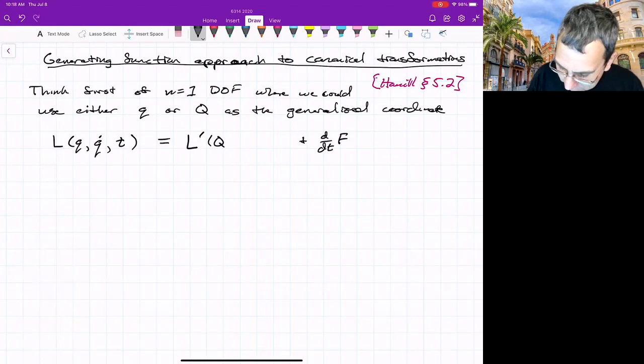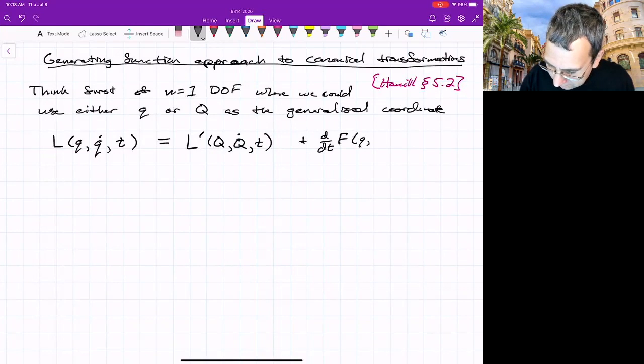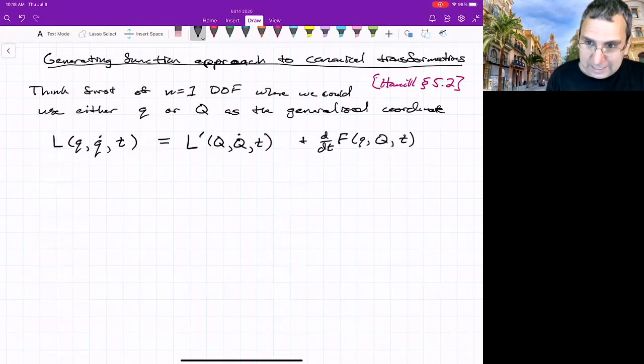That's why they're generalized coordinates. So we could also write the Lagrangian that way. And now the function f could be a function of either little q or big Q or time. And now we can integrate.